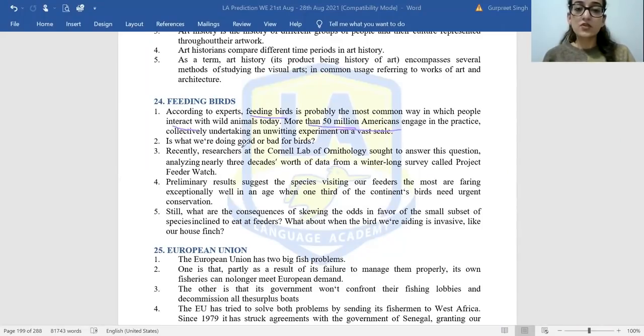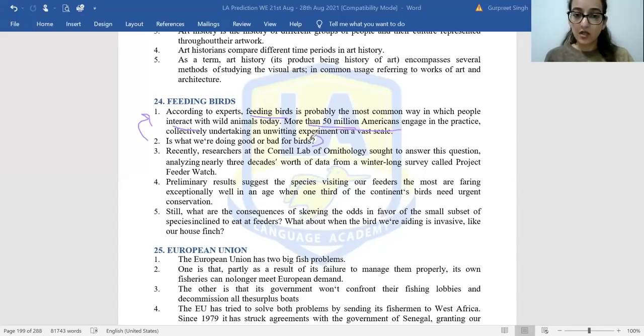Is what we are doing good or bad for birds? So before this, we have to say what is being done. When we say, is it good or bad for birds, what is good or bad? It is feeding birds. That's why this comes first, because this introduces us to the topic. Feeding birds is being done by people, and 50 million Americans do this, but is it good or bad?